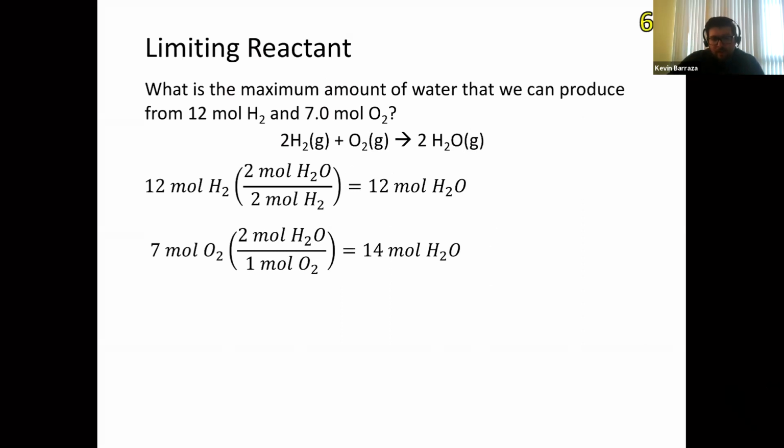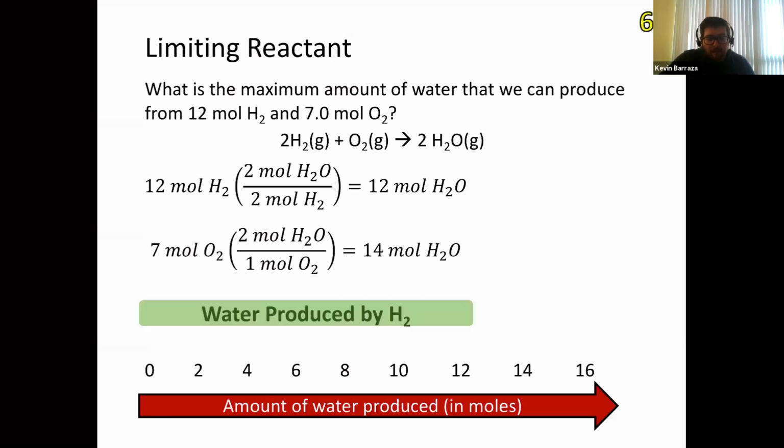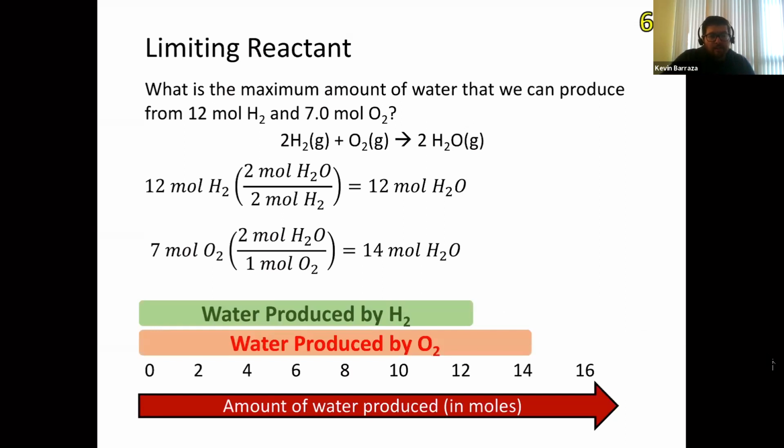So to see it visually, we can have a number line with the amount of water that I make, and we can see the difference between our 2 answers, much like we saw it with the bicycle. The amount of water that hydrogen produces is 12. It reaches all the way to 12 on the number line, whereas oxygen reaches 14 on the number line.